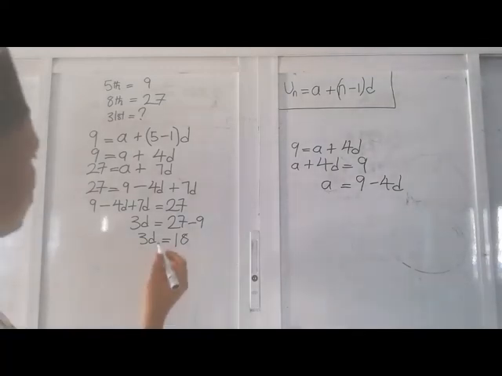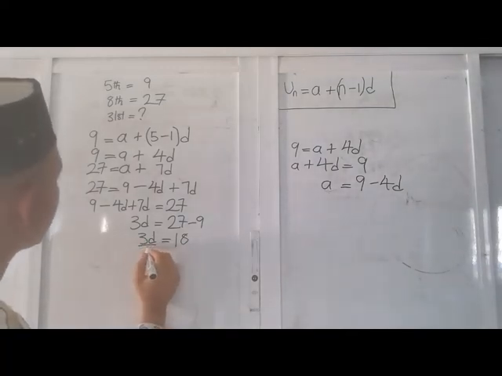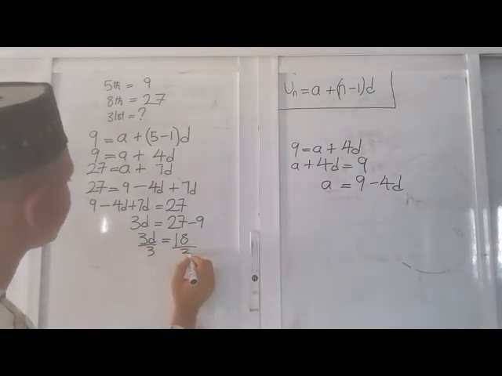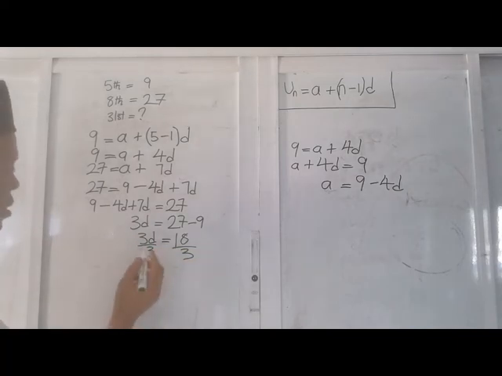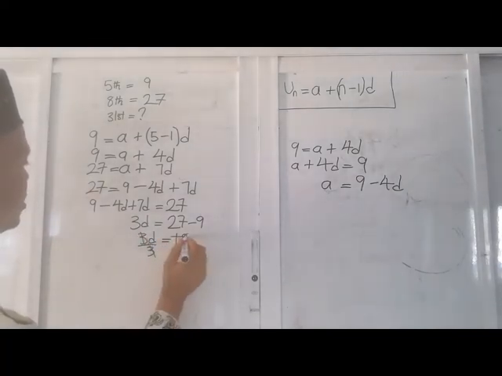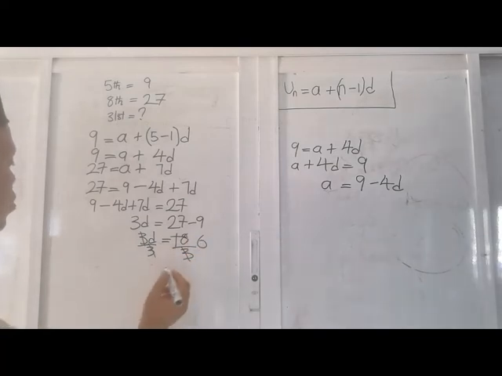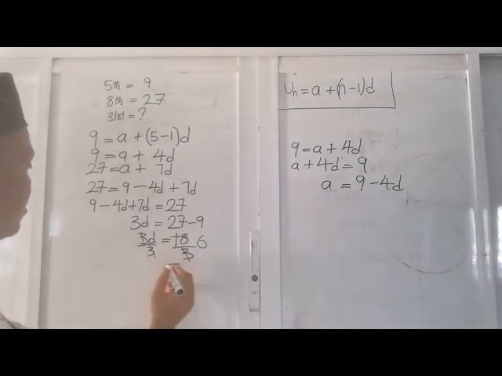So to find D, I divide both sides by the coefficient of D, which is 3. 3 cancels out 3. 3 into 18 is 6. So at this point, I've gotten my common difference to be 6.